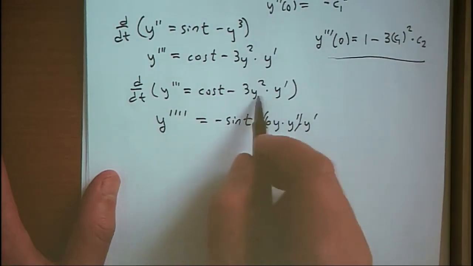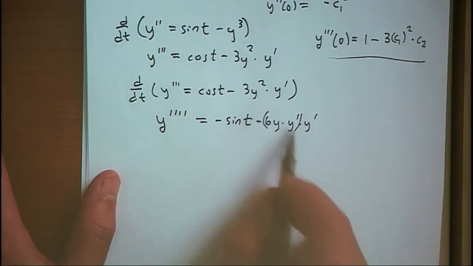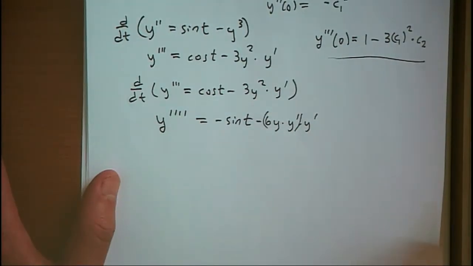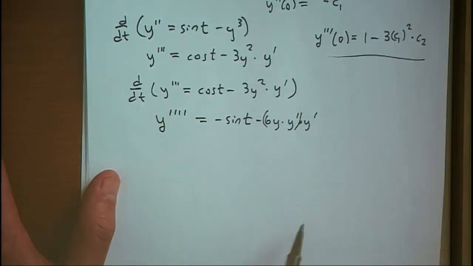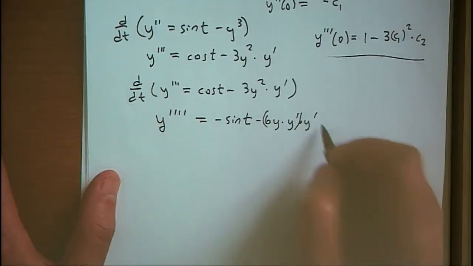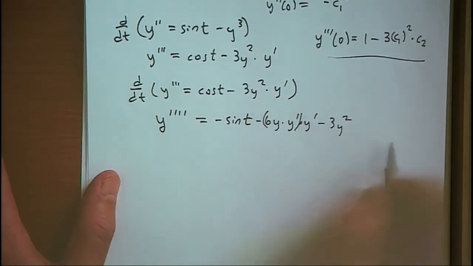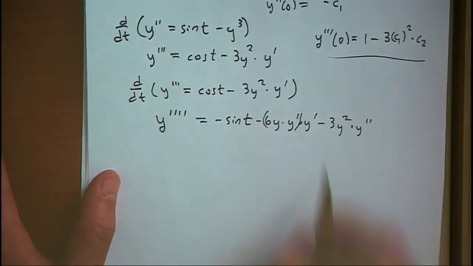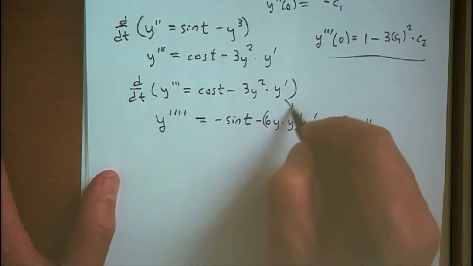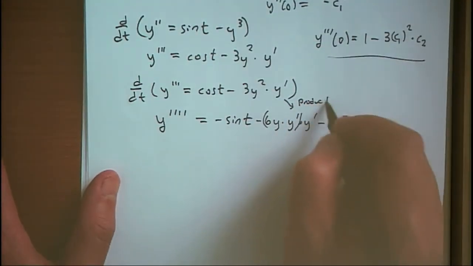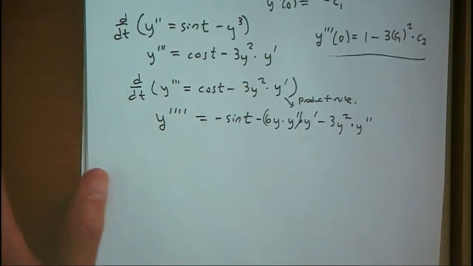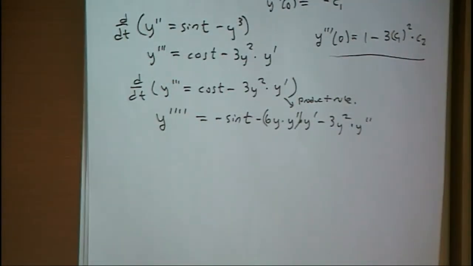That came about from implicit differentiation; there's a multiplication there. Then leave the minus 3y squared alone, take a derivative of the y prime, as a product rule, times y double prime. Again, I'll indicate this was the product rule that we used to get from there to there.